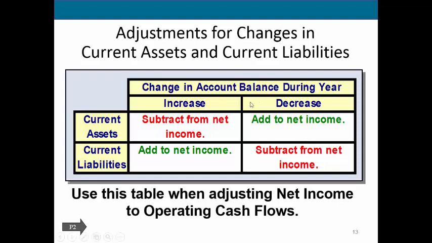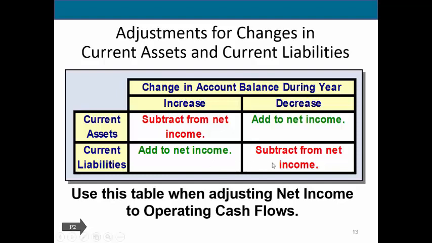So we would add that to net income because it's revenue that we didn't actually earn right now, so it wouldn't be showing in that net income number, but we are receiving the cash. And what are we trying to do? We're trying to make our statement of cash flows. Then with our current liabilities, we'll add an increase because that means we had some type of expense that we didn't pay in cash right now. So we would need to increase net income for that amount.